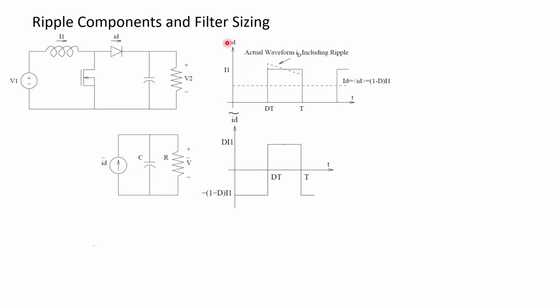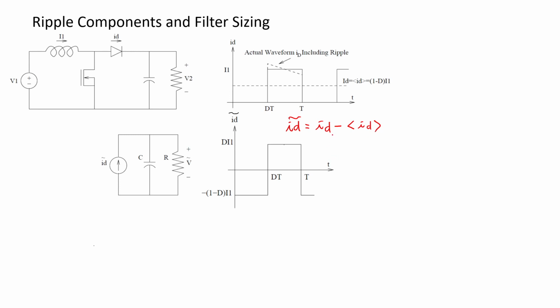ID-TL is just ID minus its average value. So ID-TL equals the original ID minus its average value.